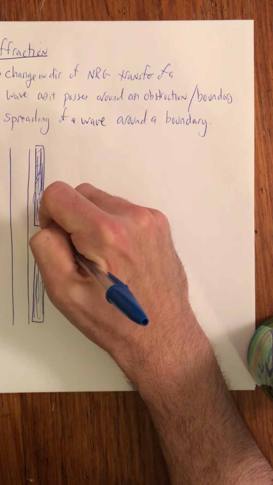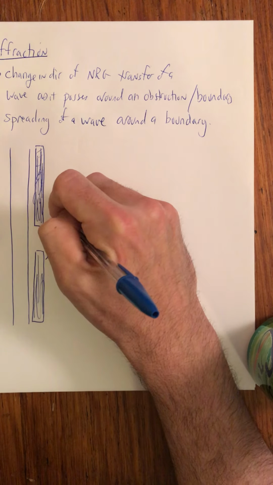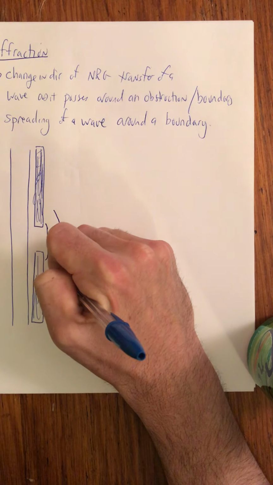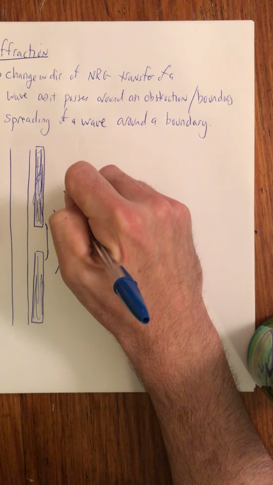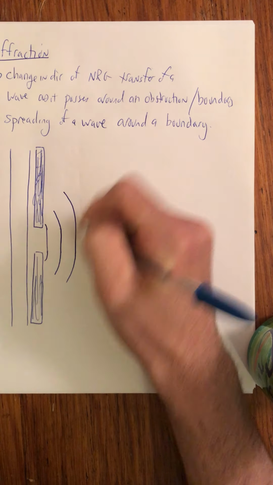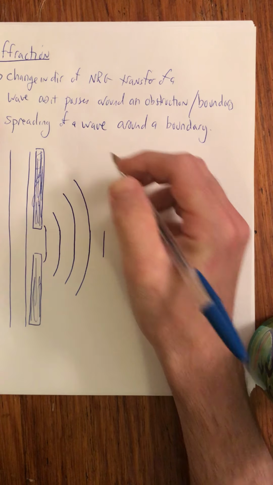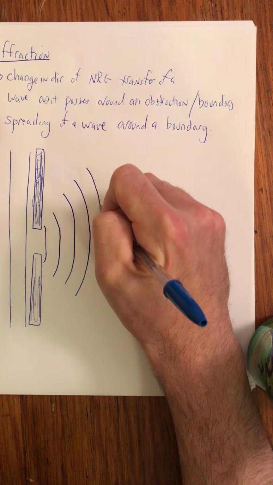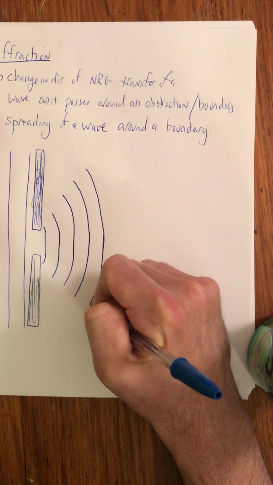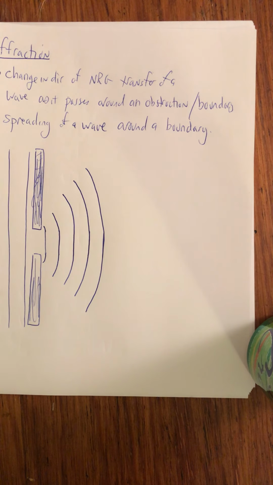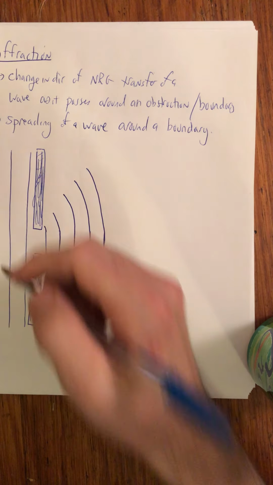And then we had some curvature on the edges of that, and the degree to which that curvature happened would be the degree of diffraction. So there we go. That's the picture of diffraction.